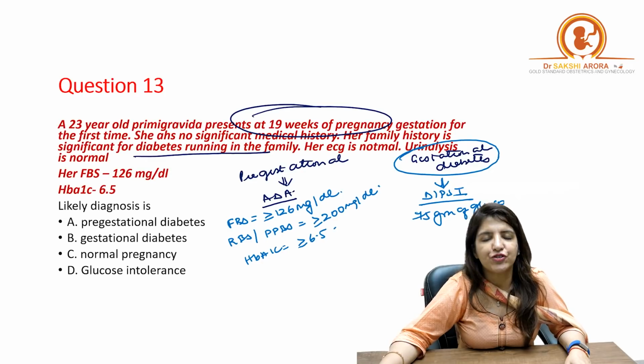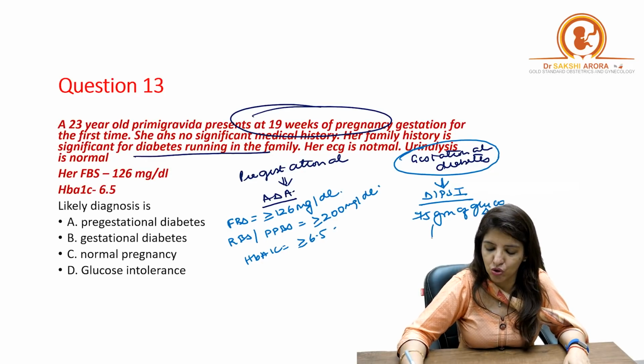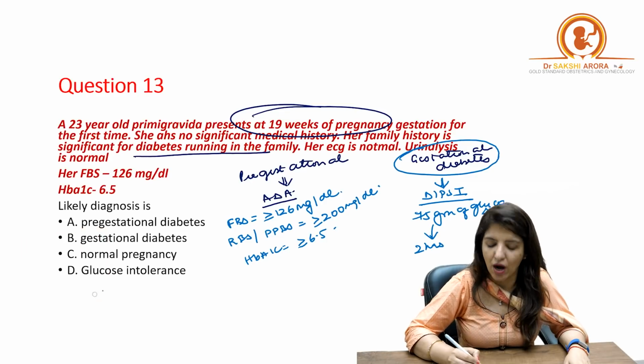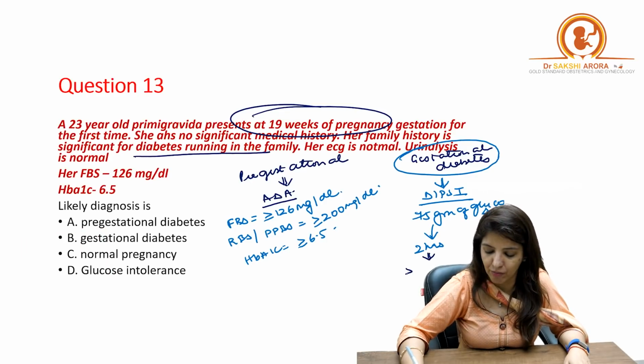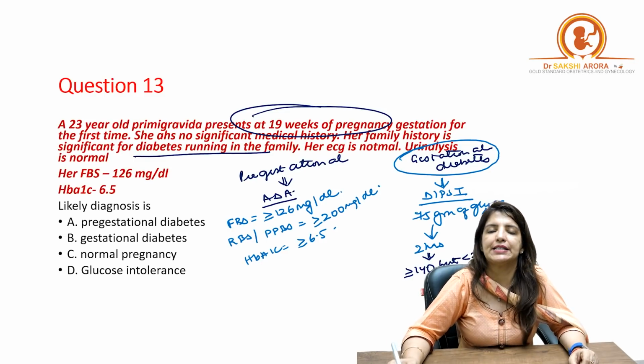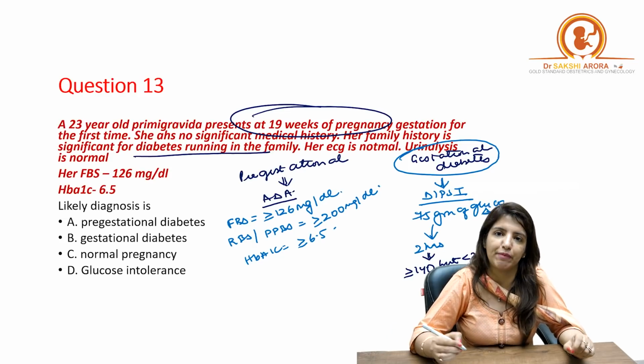And after giving 75 grams of glucose, we check her blood sugar after 2 hours. If after 2 hours her blood sugar level is more than or equal to 140 but less than 200, then we say it is a case of gestational diabetes.